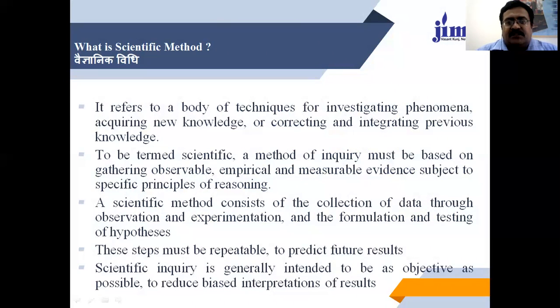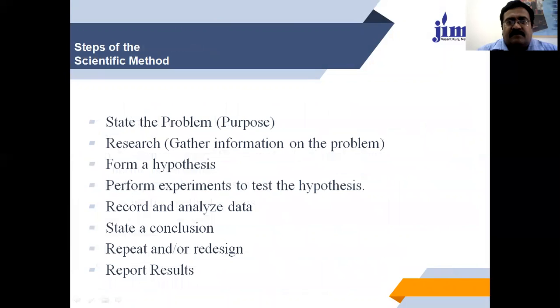Scientific inquiry is generally intended to be as objective as possible to reduce biased interpretation of results. These are a few steps of the scientific method. First, state the problem or the purpose.